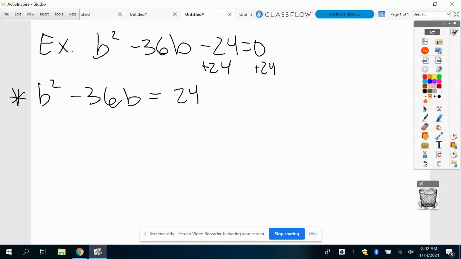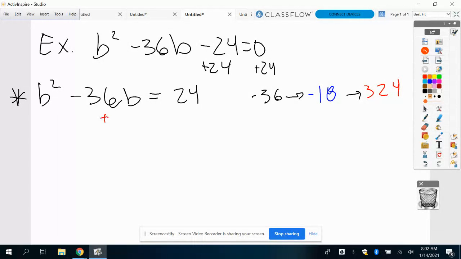Then you want to go ahead and take your b value. For this problem, it's negative 36. We want to divide that by 2, so you end up with negative 18. And then you want to square that negative 18 to get 324.